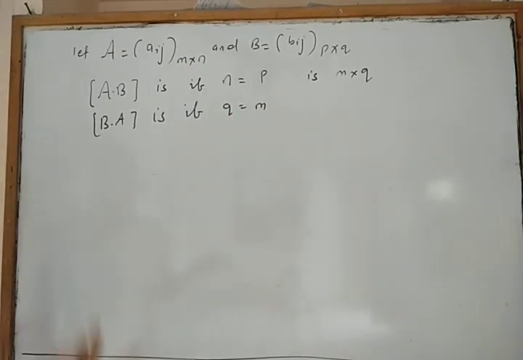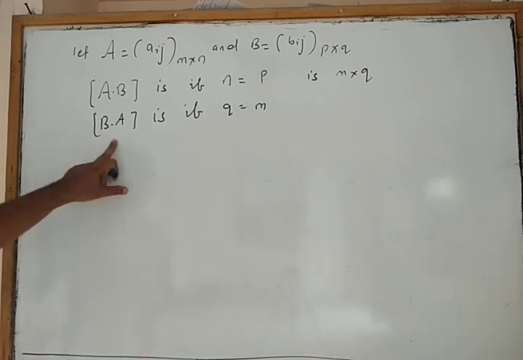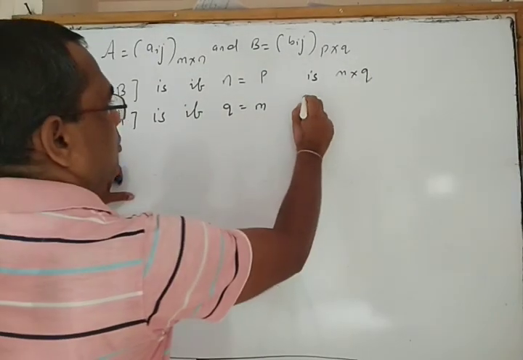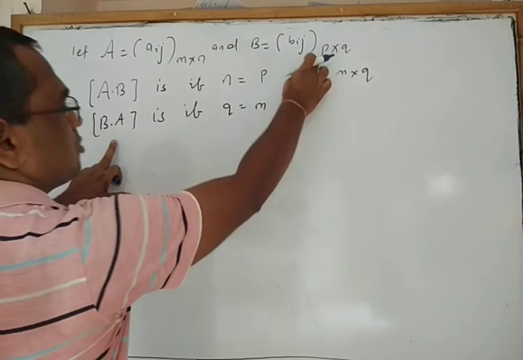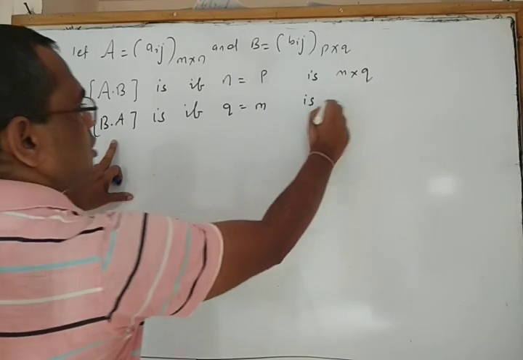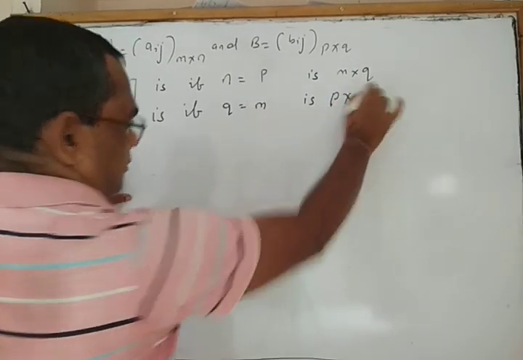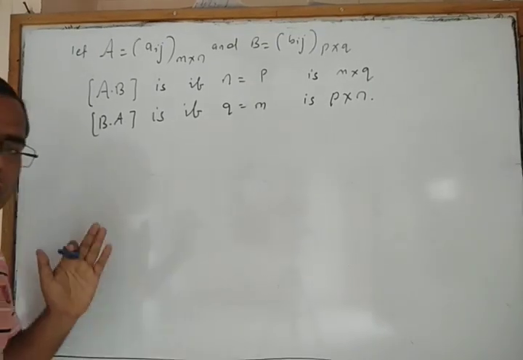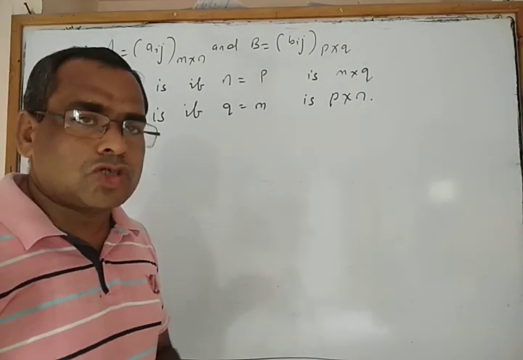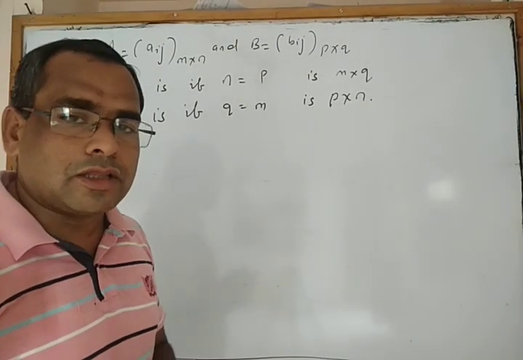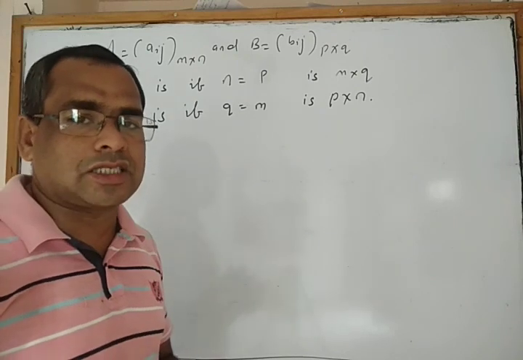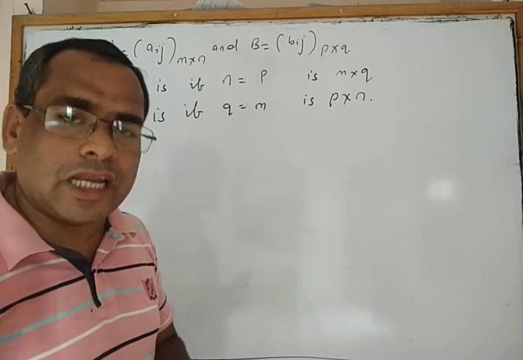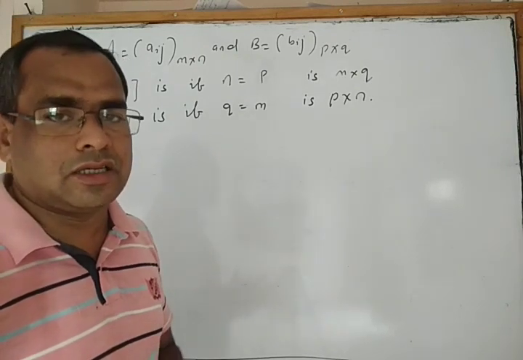So after multiplication, the order of BA is, first you have to see B, so p cross n. But how to multiply the product AB? We have to multiply the row of the first matrix to the corresponding elements of the second matrix.